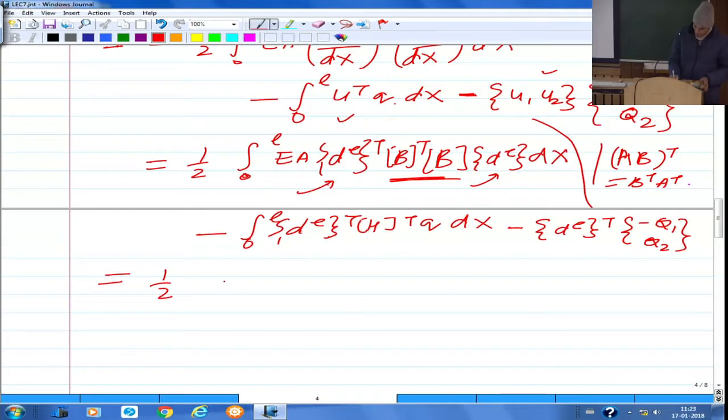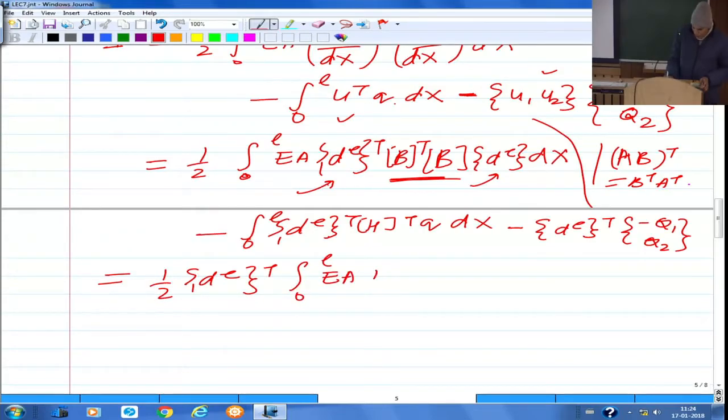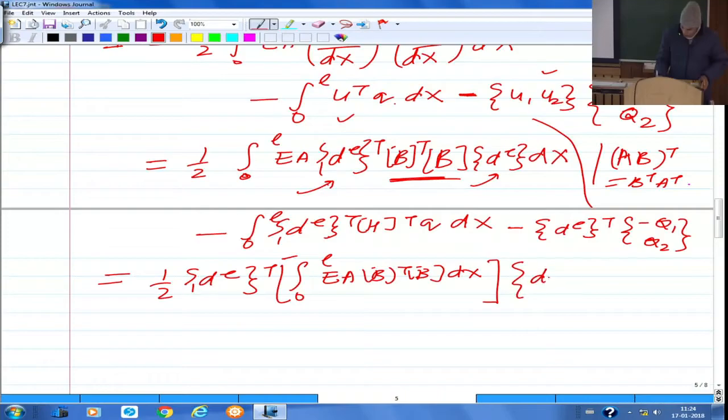As of now this is a scalar, so I can write this as half of de transpose, then integral 0 to L EA and B transpose into B, and then I am keeping this dx. This is actually a matrix which you refer to as the stiffness matrix. I will just explain. And then this side also you have de.